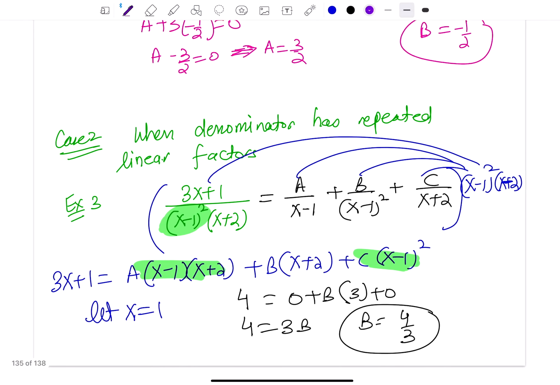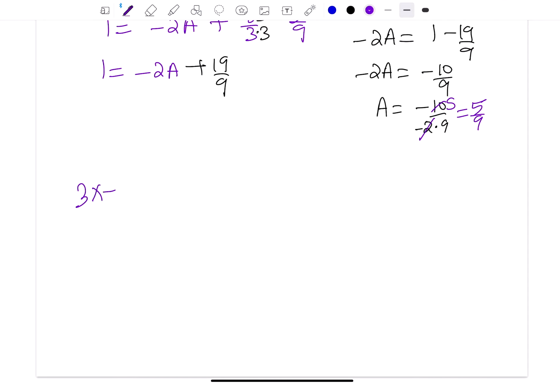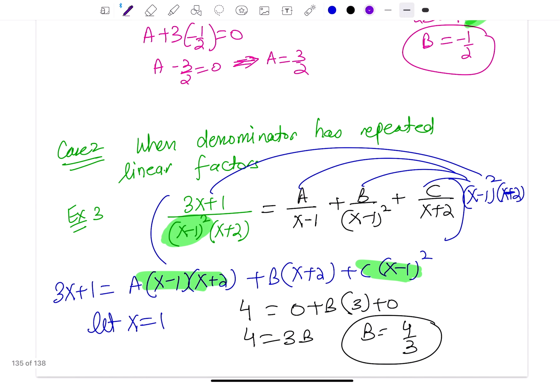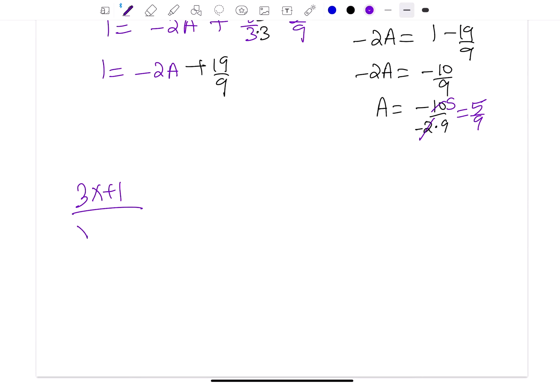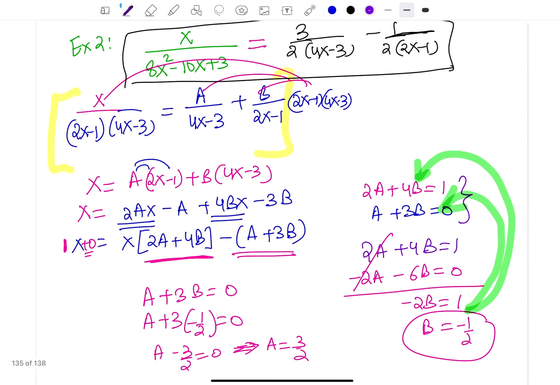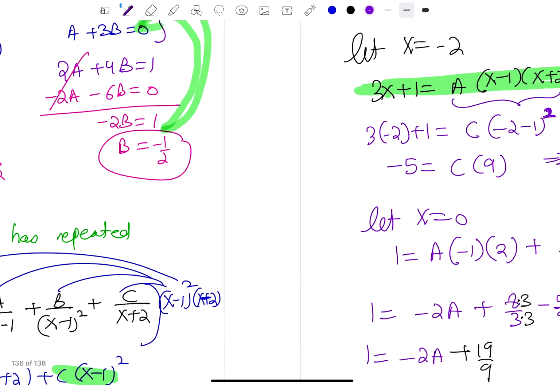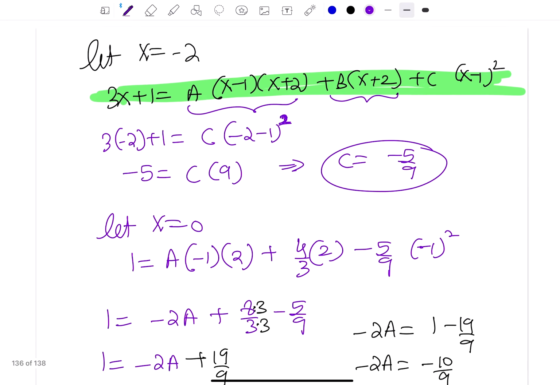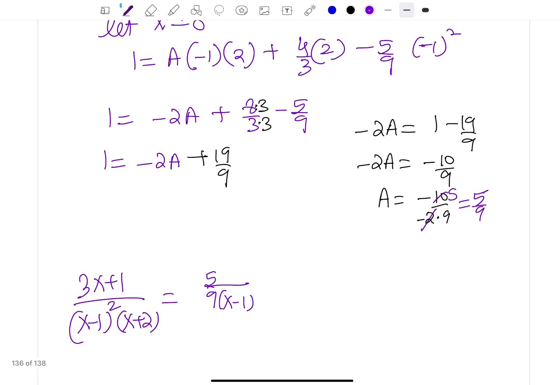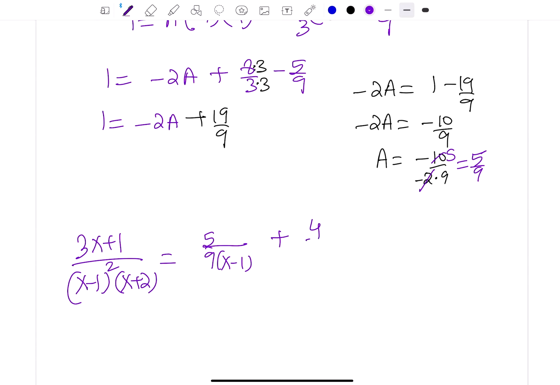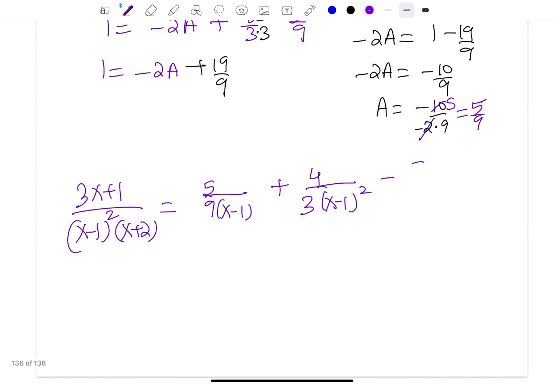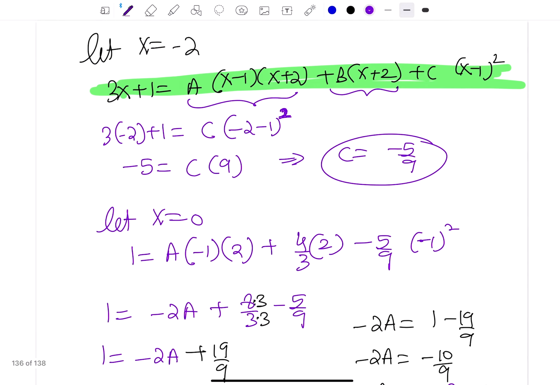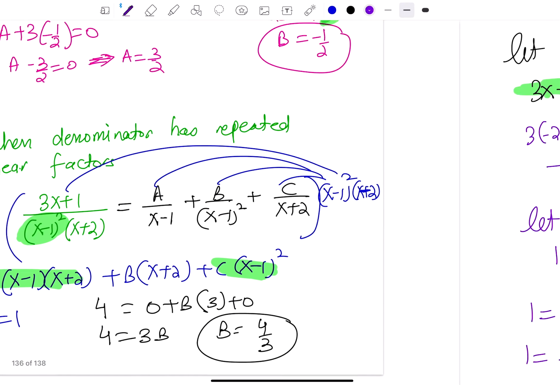So (3x plus 1) over (x minus 1) squared times (x plus 2) is equal to, we said, the fraction a is 5/9 over x minus 1, and b was 4/3 over (x minus 1) squared, and c is -5/9 over x plus 2.